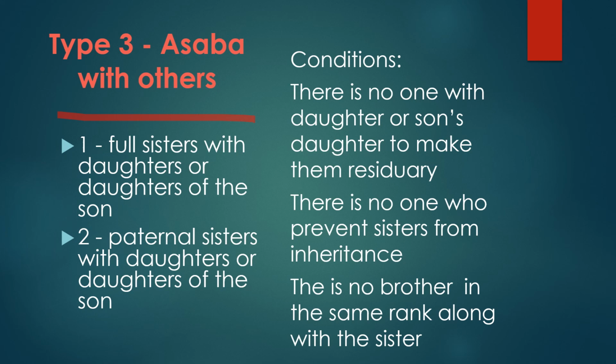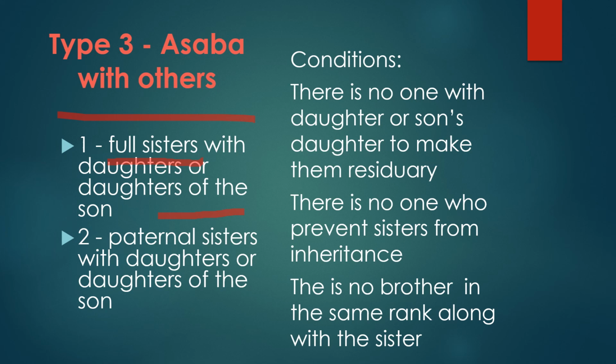The dead person got full sisters and daughters also. So if full sisters come with daughters or daughters of the son, the full sister will be asaba. It means they will take the remaining wealth because they came with these people. That is why asaba with others. In Arabic we say asabatun ma'al ghayr.